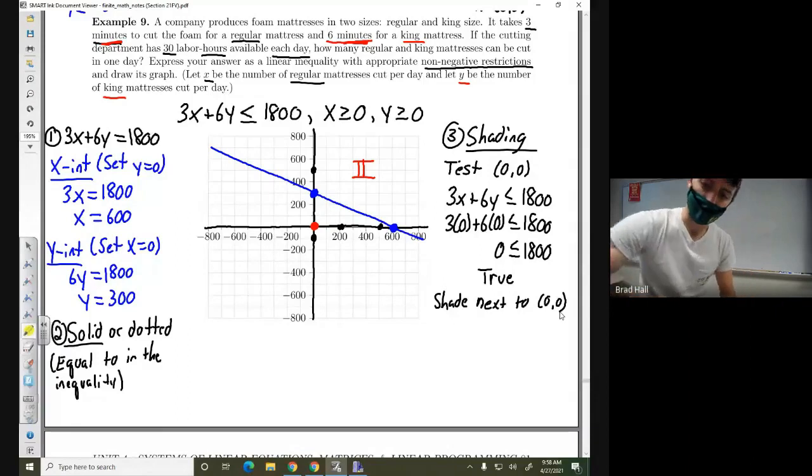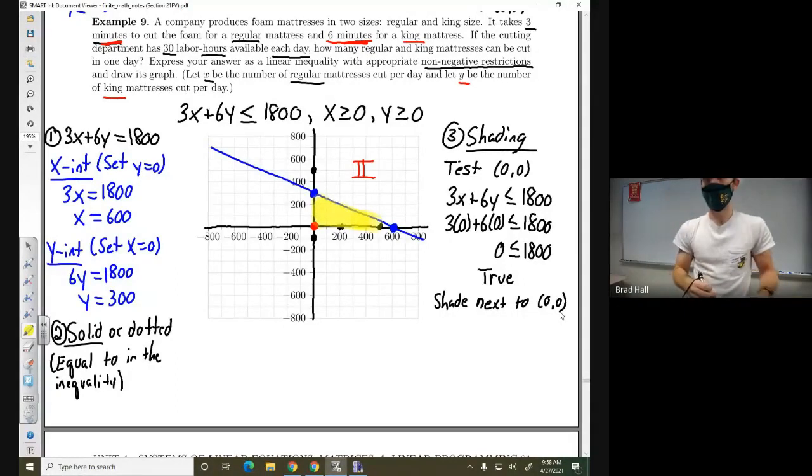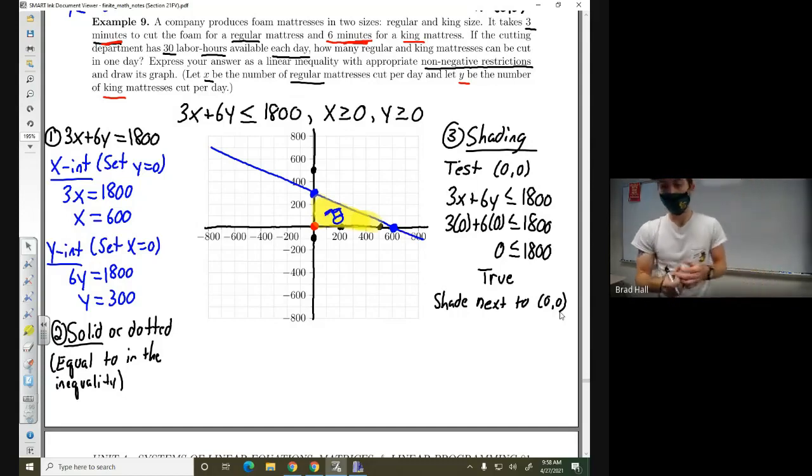So we want to shade this region down here. We want to shade that region that is adjacent to the origin. And again, this is where you would put the paint buckets at. And that would be your final answer here.